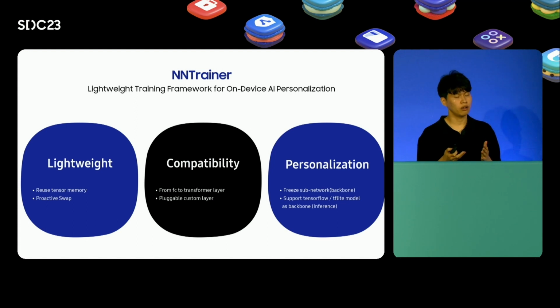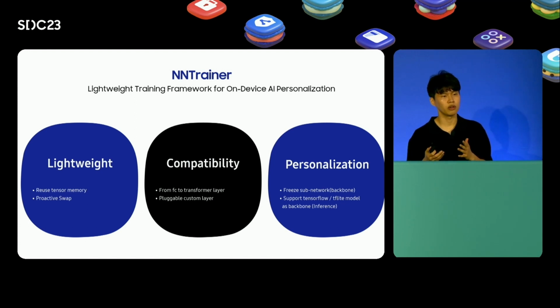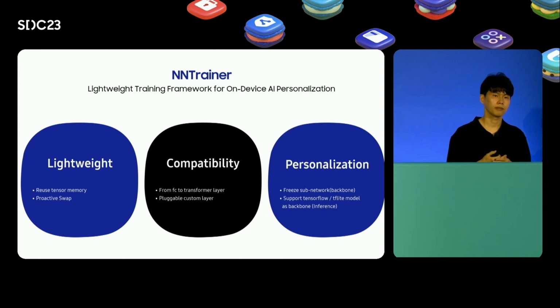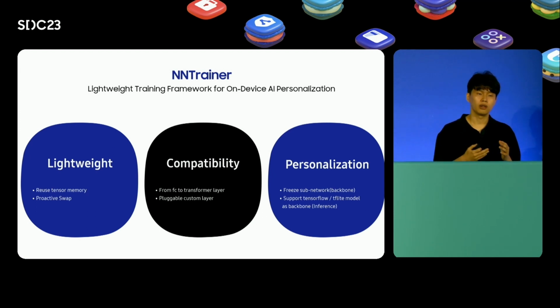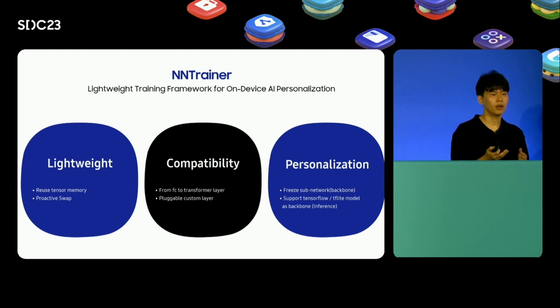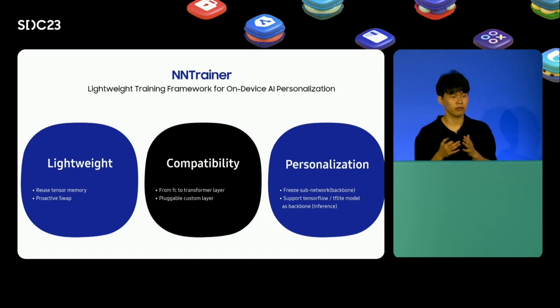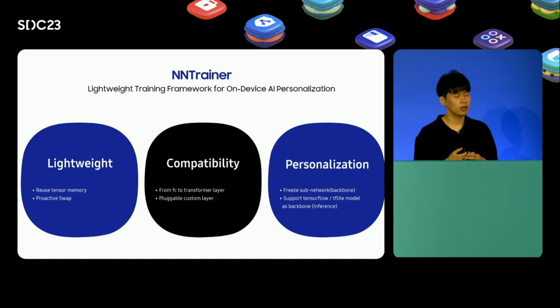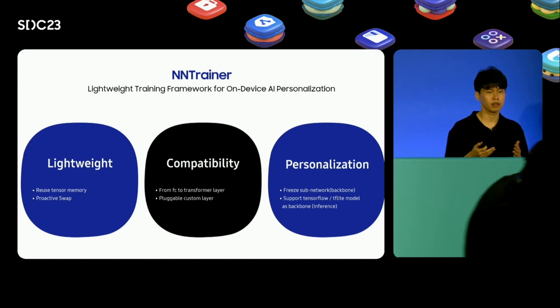And if NNTrainer does not support the layer you want, you can make custom layers. If the model is too big to train the whole network, you can freeze some of the layers and train only part of the layers. If you're not interested in training the backbone layers, you can use your TensorFlow models or TF-Lite models as a backbone.